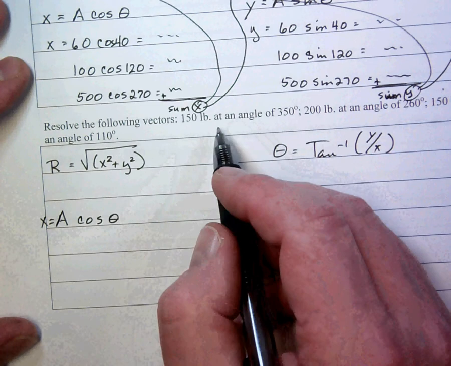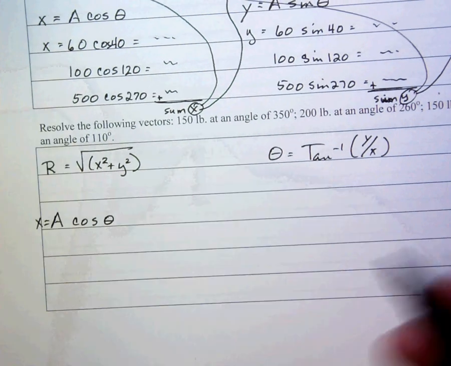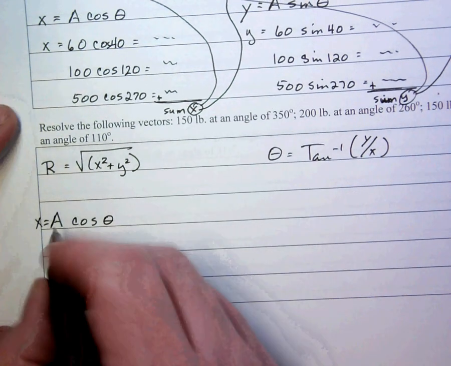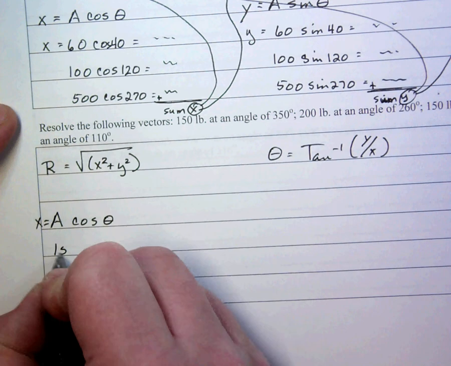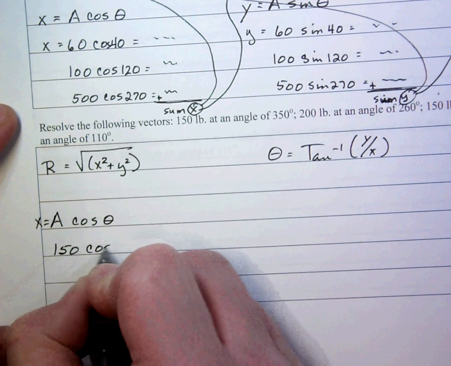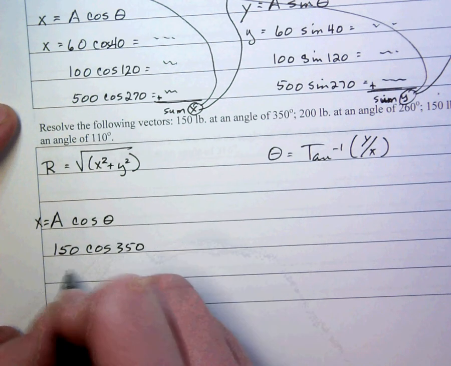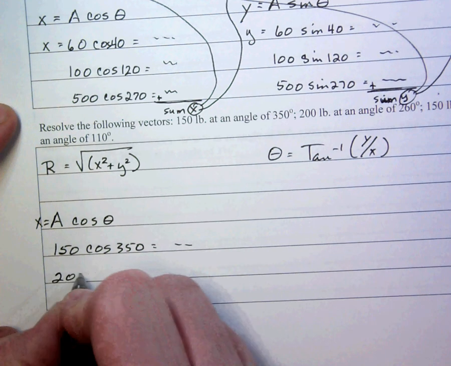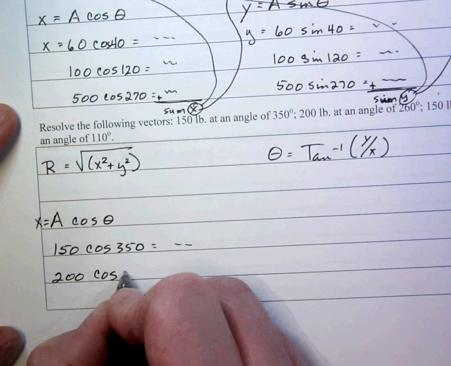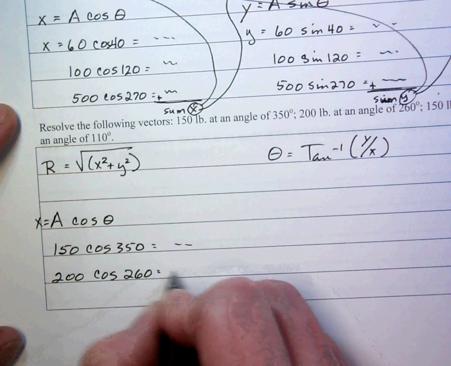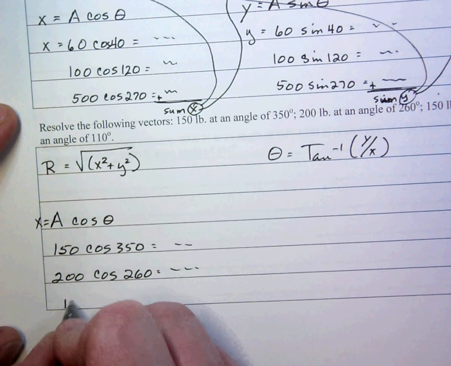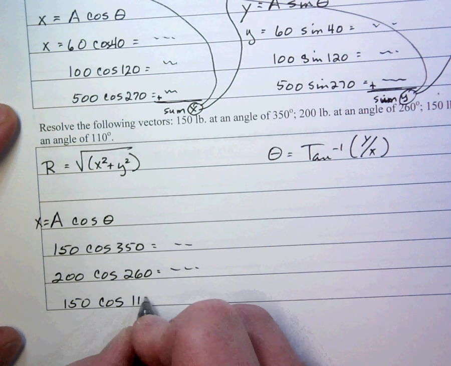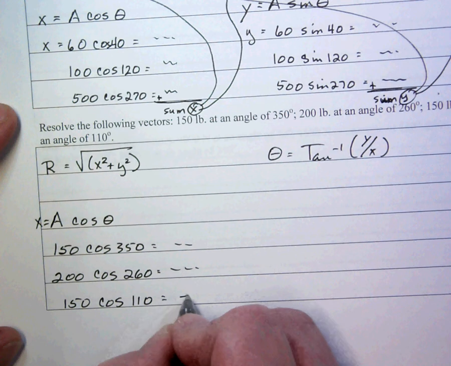Now you notice the first one was in newtons, this one is in pounds. It works no matter what units we're dealing with. It's 150 cosine of 350. I'm going to get a number here, 200 cosine of 260, get another number, 150 cosine of 110, and get another number.